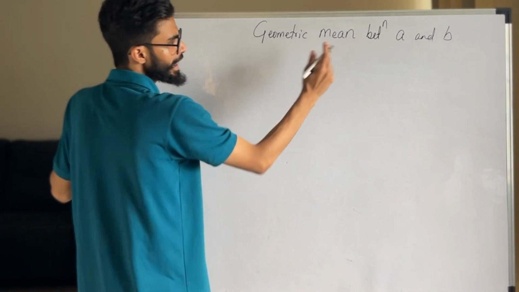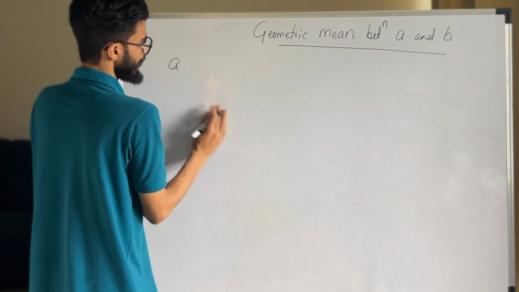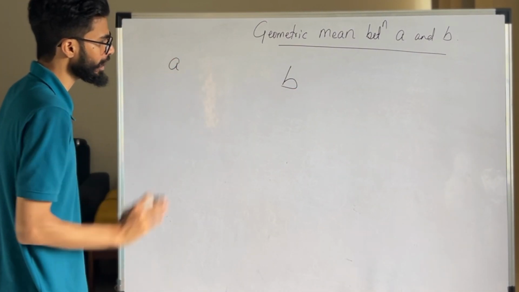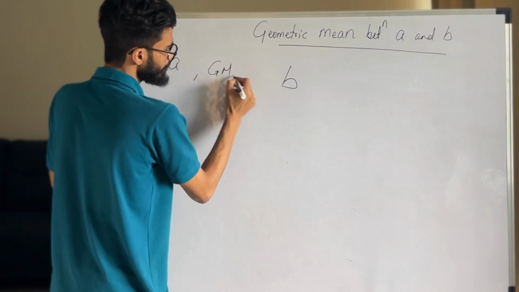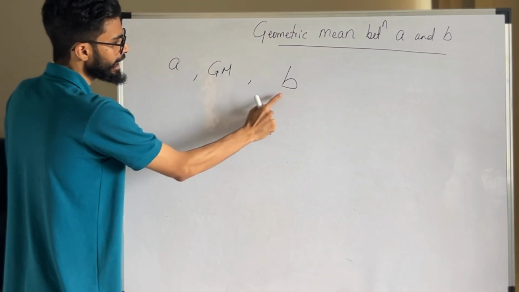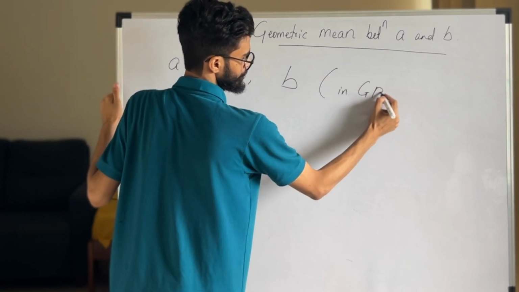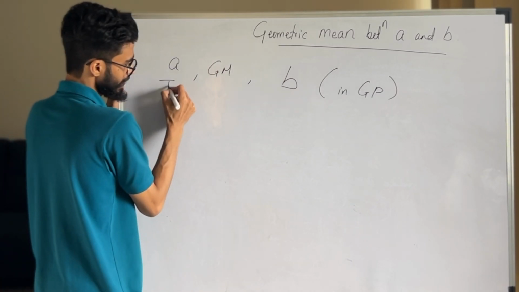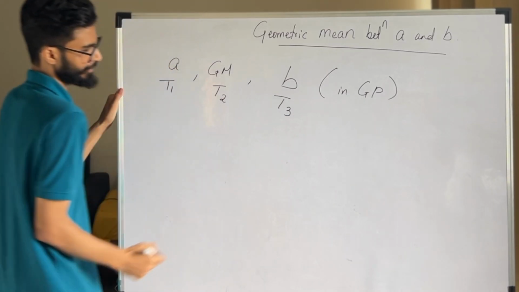Geometric mean between A and B. Suppose I have two numbers, A and B. Now the geometric mean works like that, if A, geometric mean and B form a series, then they will be in GP. Therefore, can I say this is my T1, this is my T2, this is my T3?